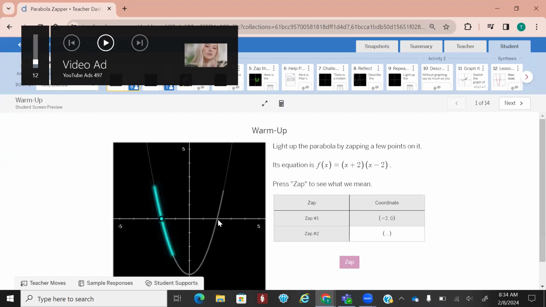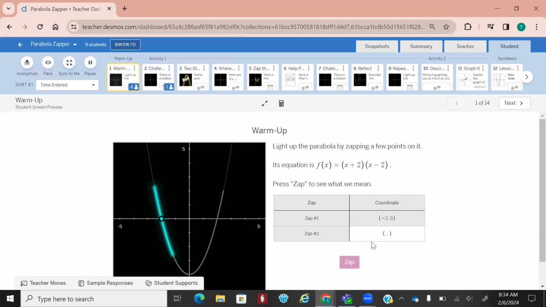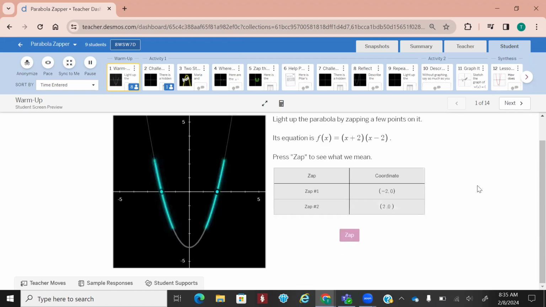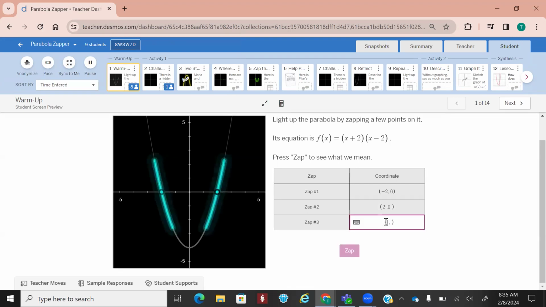Now, if I want this x-intercept over here, what is that? It's 2, right? So we're going to say 2, 0. And zap. Okay, if we want this y-intercept, what's this y-intercept going to be? -4. 0, -4.